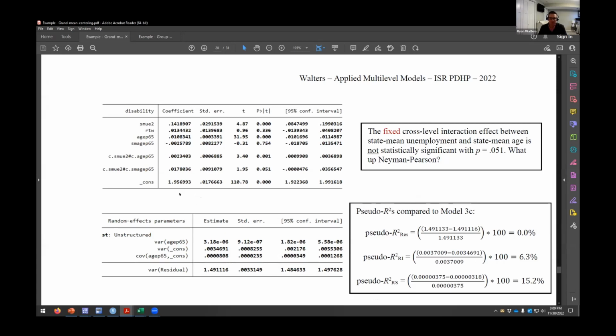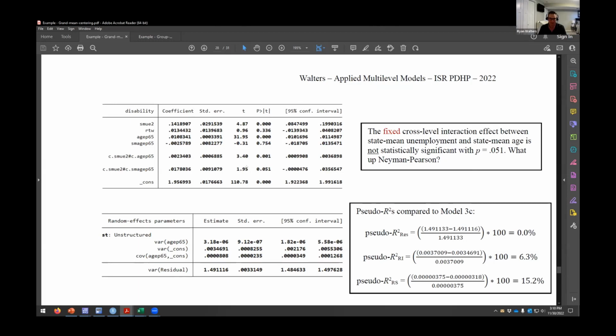So more properly, for interpretation and pseudo R-square purposes, this is the model that you would go to right away. I show the convergence models as the incorrect model for example purposes, but in practice, I would have included both interactions simultaneously, even if I only cared about the state mean by person age fixed effect.